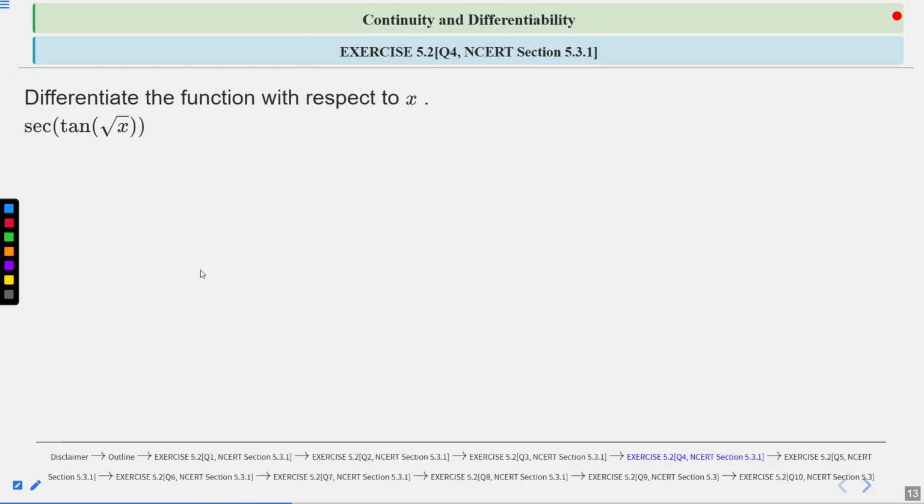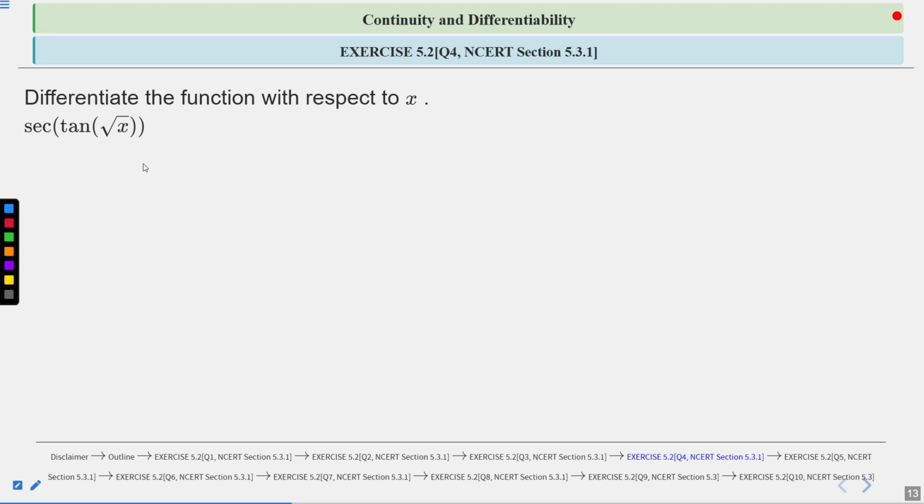Next question is question number 4, NCERT exercise 5.2, question number 4. You have to differentiate the function with respect to x, and the function is sec(tan(root x)). So how can we differentiate? You can start differentiating. Again, we will try to apply the chain rule.